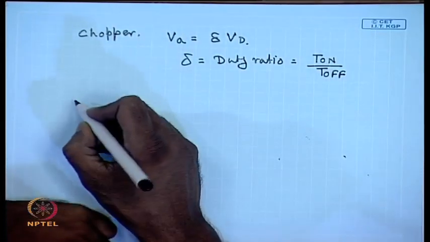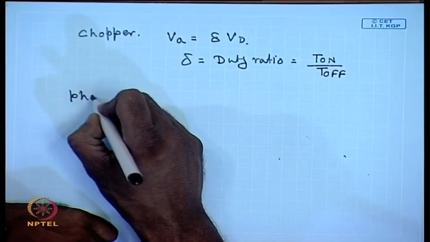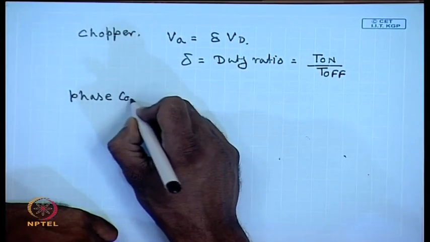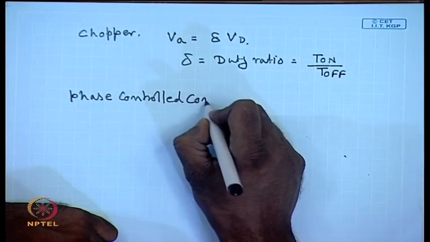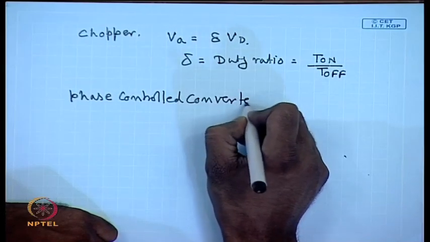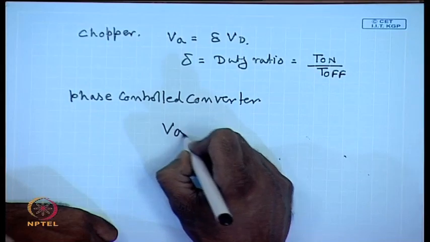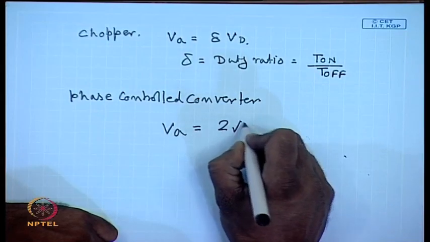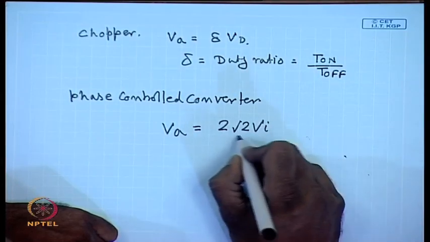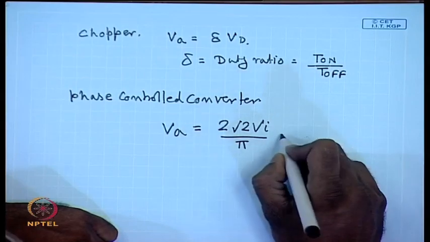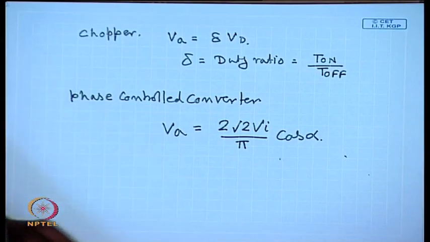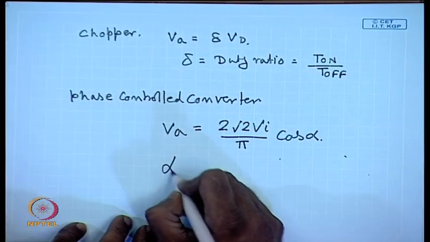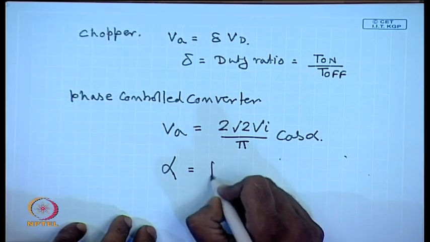For the phase controlled converter, the second one, V A equal to 2√2 V I by pi cos alpha, where alpha is called the firing angle.